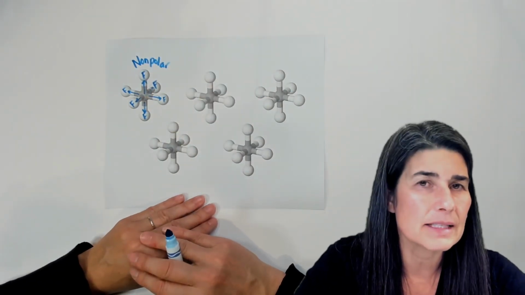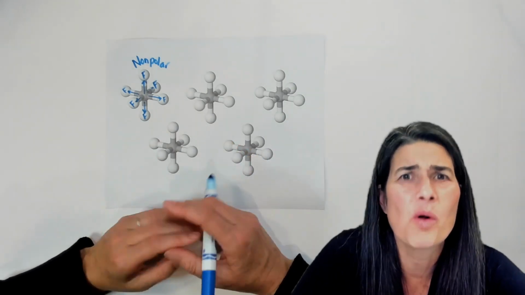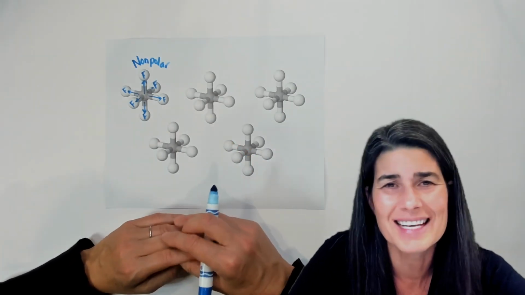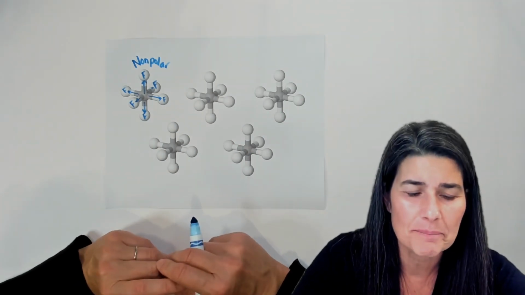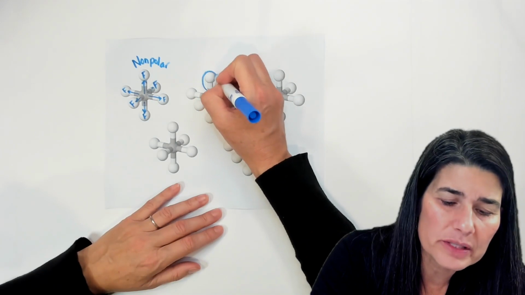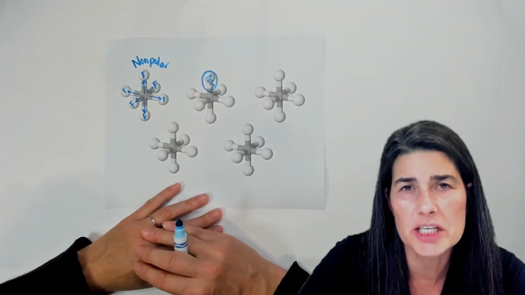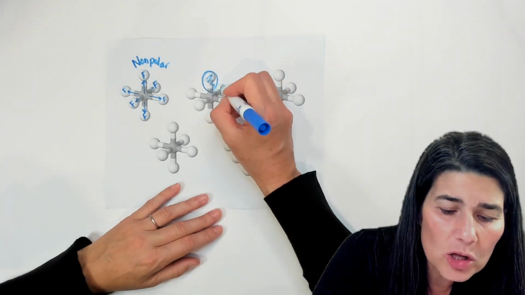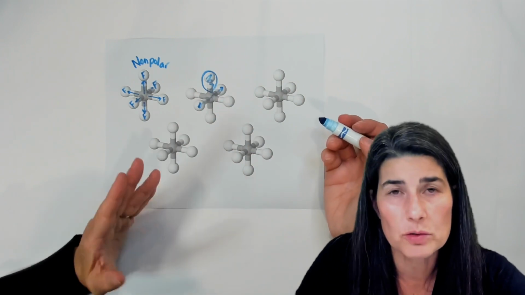Now, let's start adding some lone pairs. If I add one lone pair, it's always going to be polar with one lone pair. There's nothing to cancel or balance out that lone pair, but let's take a look anyway. I'm going to go ahead and ghost out the one on the top to make a square pyramid structure. Now, the pull to the back is going to cancel out with a pull to the front if those are fluorine.